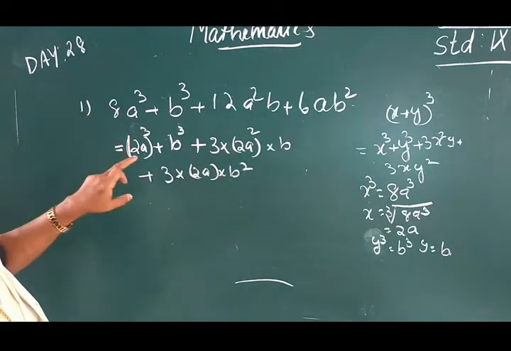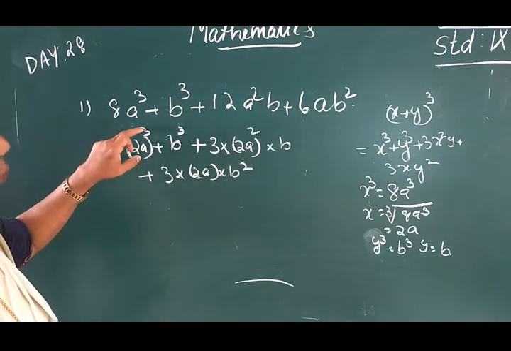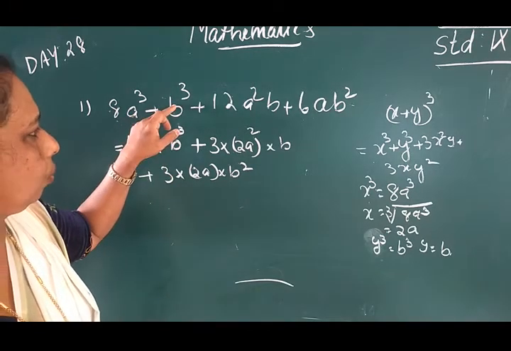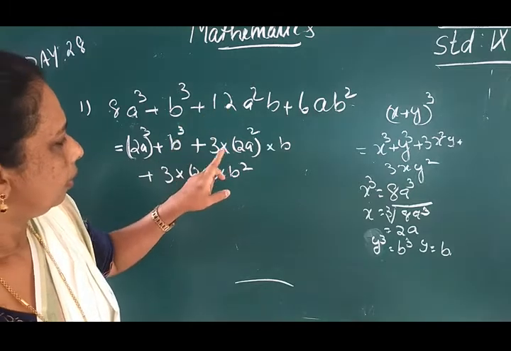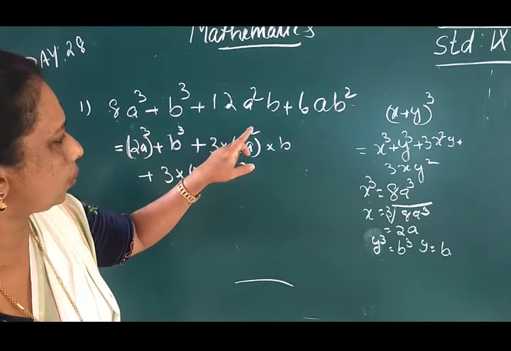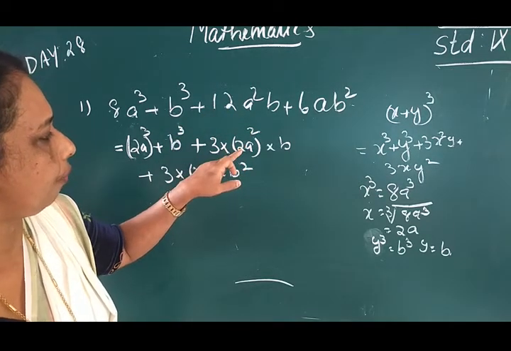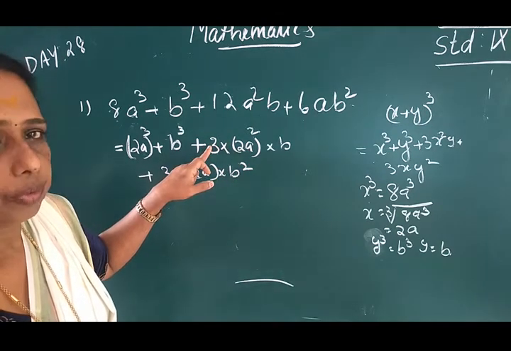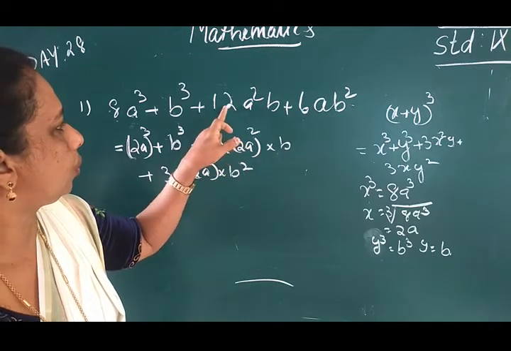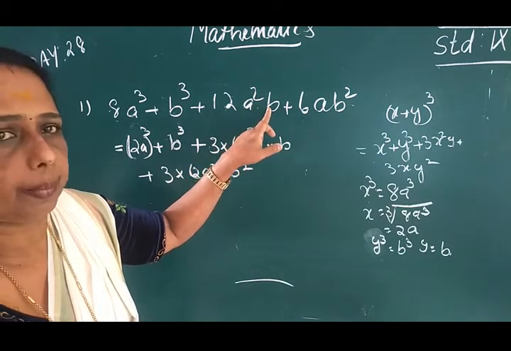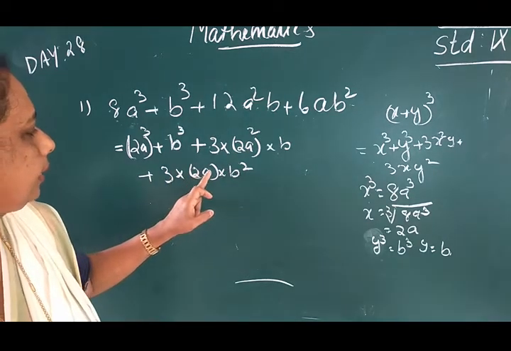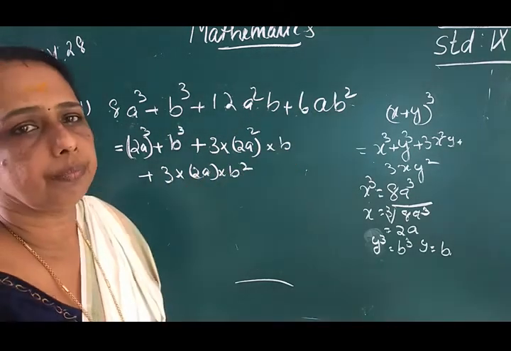Look here: 2a the whole cube is 2 cube a cube, which is 8a cube. Next term b cube. Third term, 3 into 2a the whole square, which is 4a square, 4 threes are 12a square into b, 12a square b. Last term, 3 twos are 6, 6ab square.